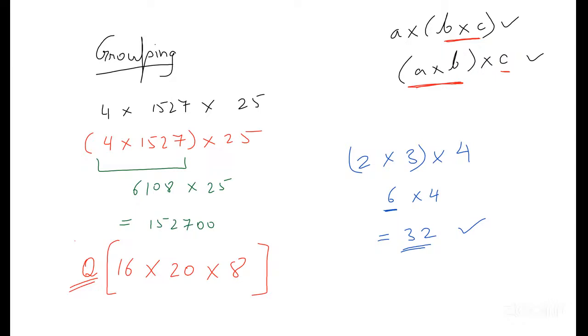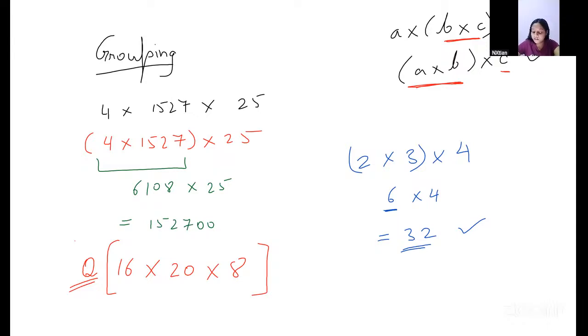The correct answer, teacher. What's the correct answer? What are you getting? Teacher, my answer is 3360. 3360. Okay. The correct answer is 2560. How, teacher? I didn't understand that one.